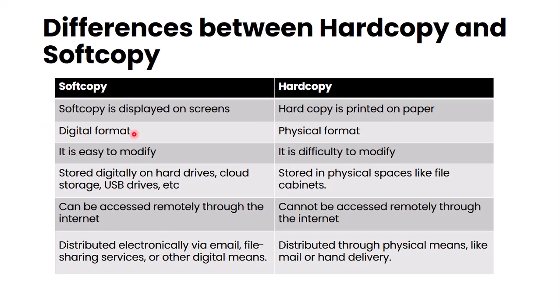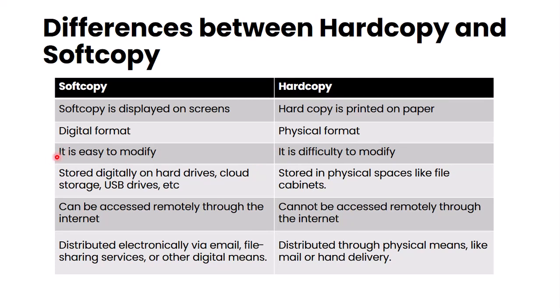Soft copy is in digital format. Digital means that it is on the phone or that we keep on the computer. But the physical format is for the hard copy, which means it is something that is printed that we can hold and feel. It's something that's physical.